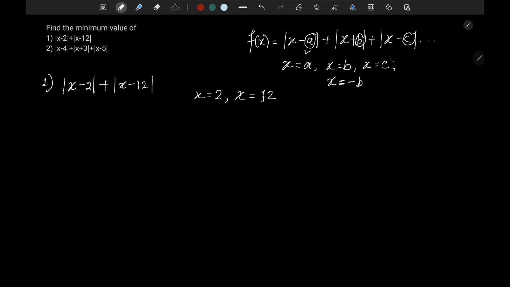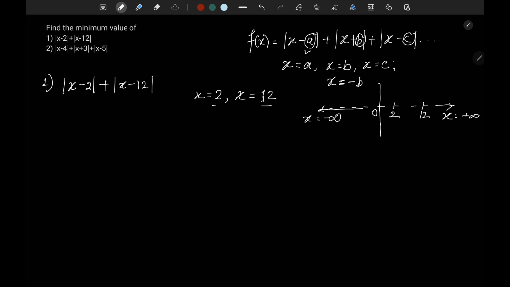Now, as these two are critical points, let's take this function part by part within these intervals. What kind of intervals do you have on the number line? If this is my real number line from x equal to minus infinity to plus infinity, and this is my origin, then 2 lies somewhere here and 12 is somewhere here.